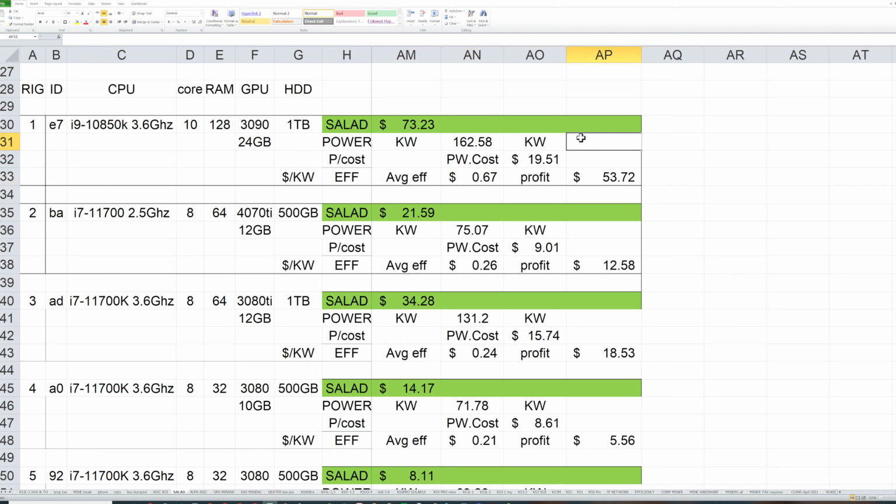So if we do another formula here, for example, I'm going to put the kilowatts I use times 0.55 cents, $89. It's supposed to be making an average, wait, so it's making 67 cents per kilowatt, 162.55.